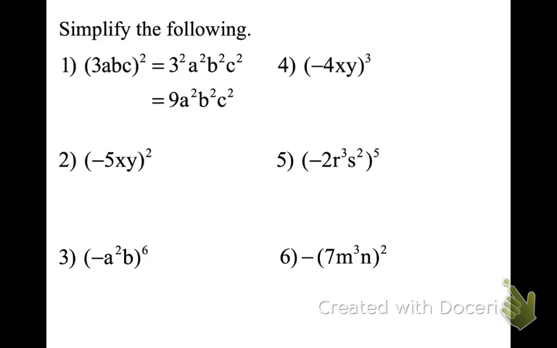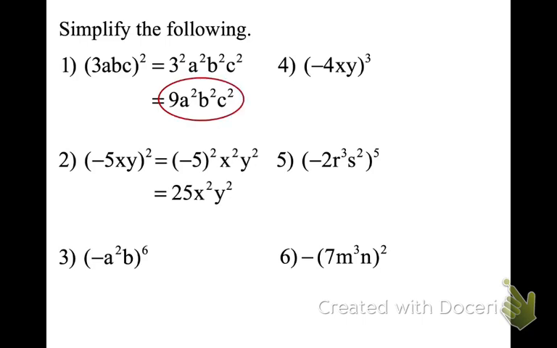Okay, hopefully you finished. Let's see, number 2 should be negative 5 squared, x squared, y squared. So that's 25x squared y squared. Remember, negative times negative makes a positive. Okay, that negative, we're going to have 6 of them.